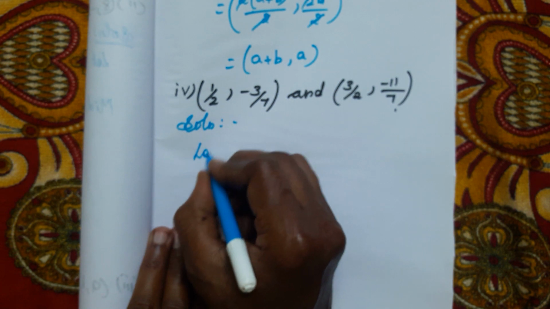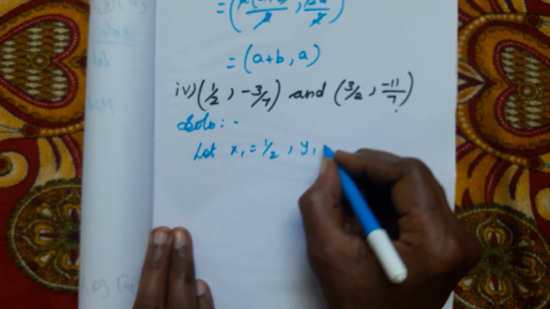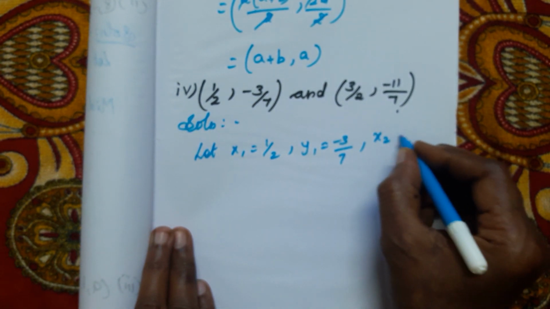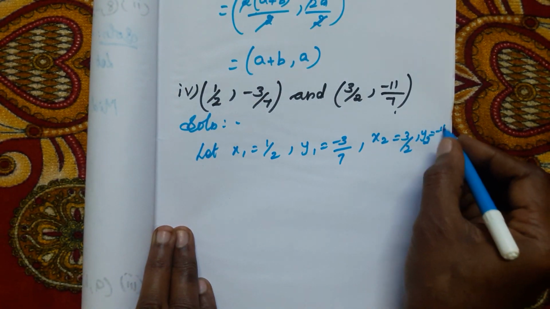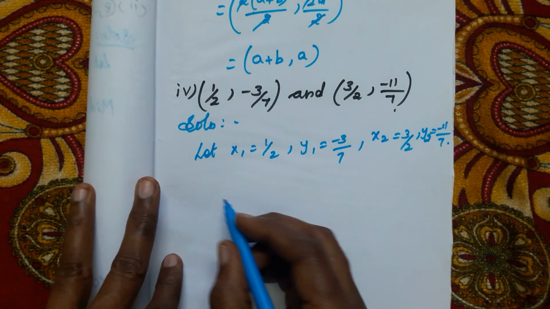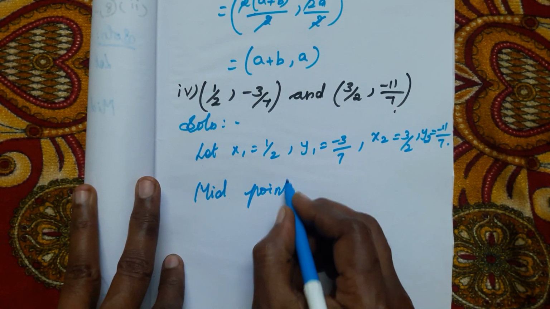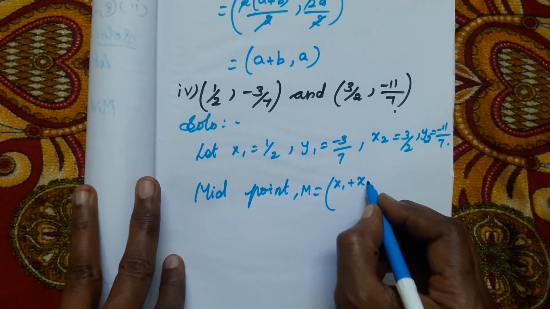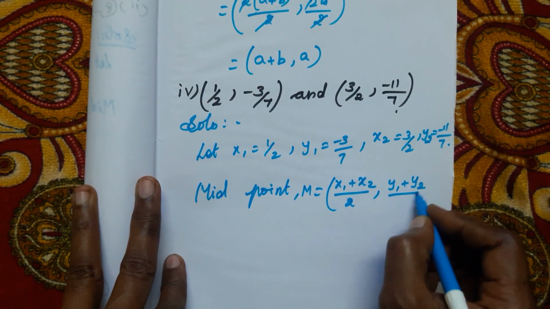Here we can take x1 is equal to 1 by 2, y1 is equal to minus 3 by 7, x2 is equal to 3 by 2, y2 is equal to minus 11 by 7. Then midpoint m is equal to x1 plus x2 by 2 comma y1 plus y2 by 2.